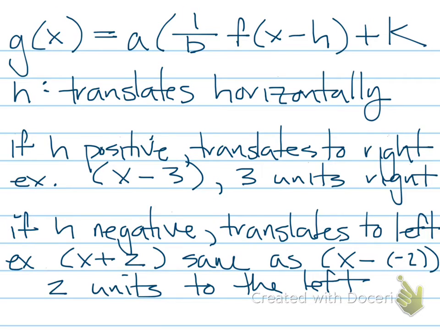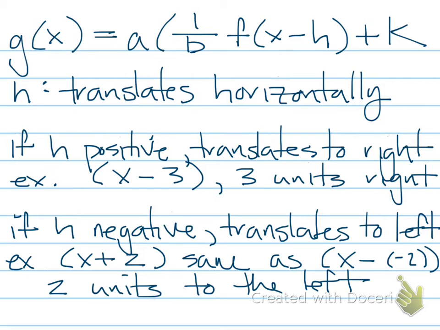H moves or translates the parent graph horizontally. So if h is positive, then it's going to translate it to the right. If h is negative, it's going to slide it to the left.